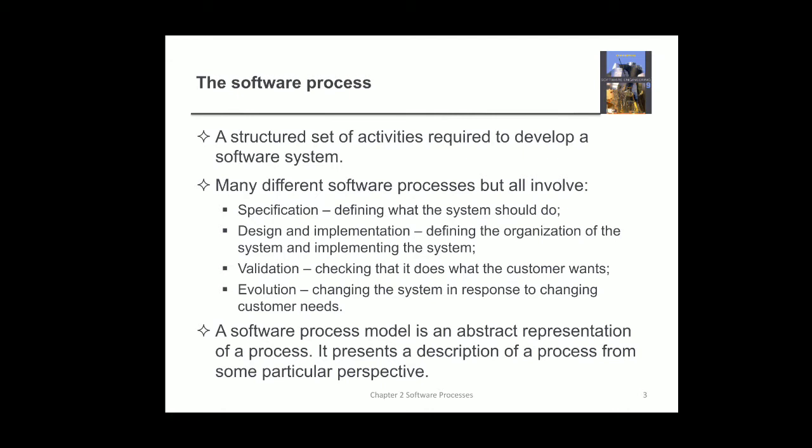Then we have the design and implementation part, wherein the software to meet the specification must be produced. By looking at the specification we go for designing, and once the design of the software is built, we go for implementing that design.